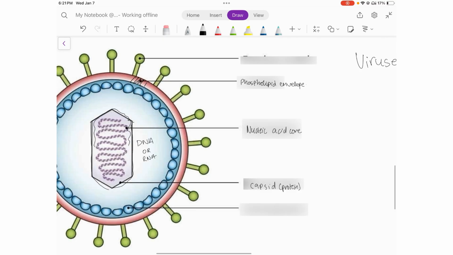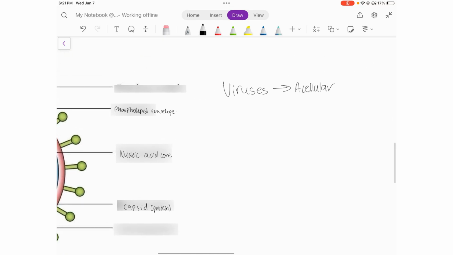So these are the three major things that you'll have to keep in mind when you're looking at viruses, and especially the fact that they're acellular. People tend to confuse the structures, and they tend to assume that viruses are in fact cellular when they're not.